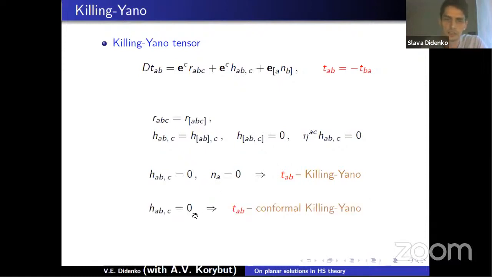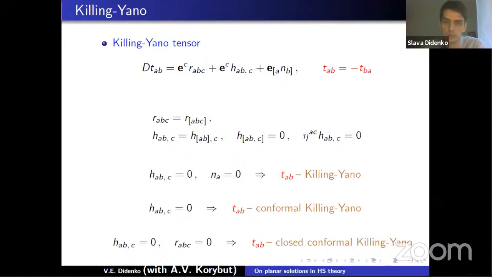Or just H equals 0, this is called conformal Killing-Yano. And with an even more stringent constraint, you can set H and R equal to 0, then the resulting T_AB is called a closed conformal Killing-Yano tensor. And this is actually what all four-dimensional black holes possess, this closed conformal Killing-Yano.